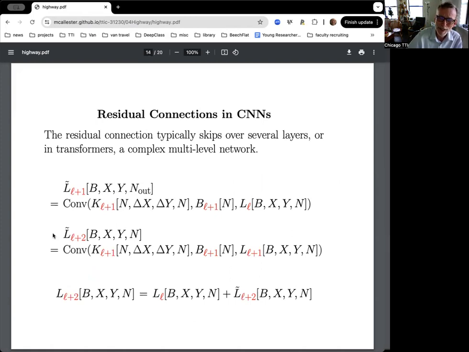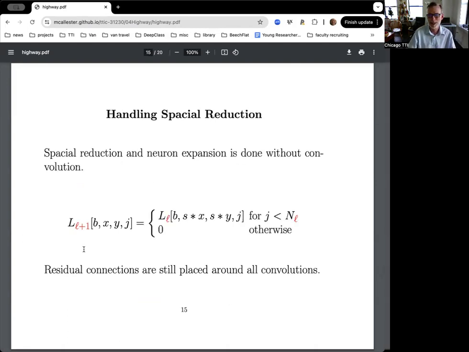In ResNet, in the original paper that introduced residual connections, they would skip over a couple layers at the same time. So this is just a picture of skipping over a couple layers at the same time.